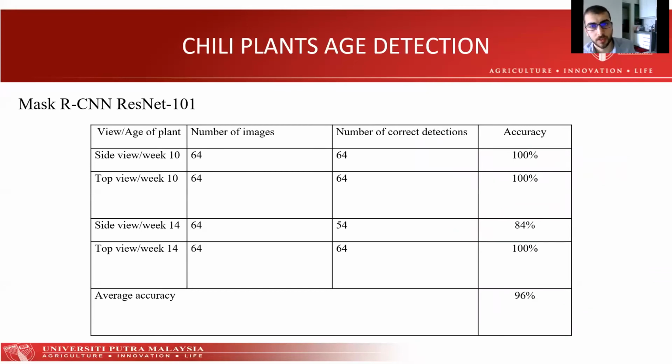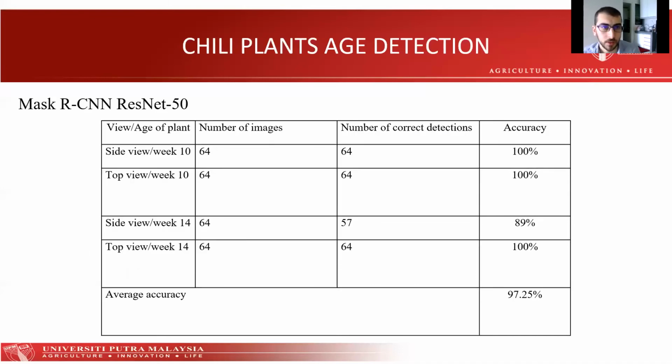The age identification. We have applied all of the 256 images to both of the models, and in the Mask RCNN ResNet 101 model, the total accuracy of the detection was 96%, with some problems that we will talk about later.